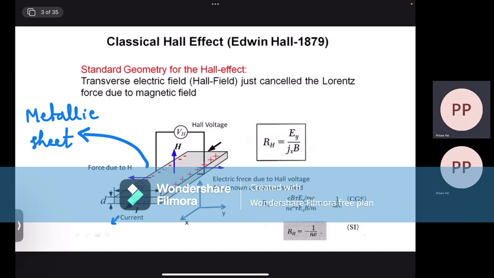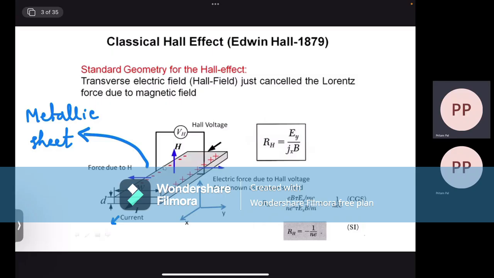Because of the Lorentz force, the electrons will start moving.